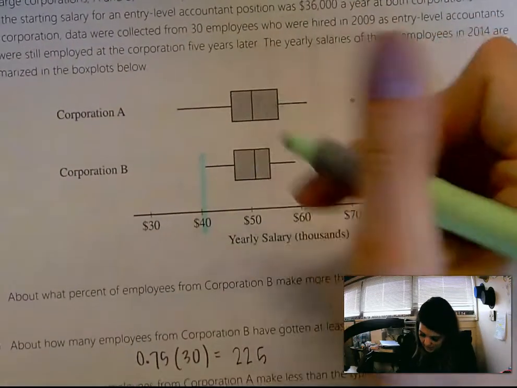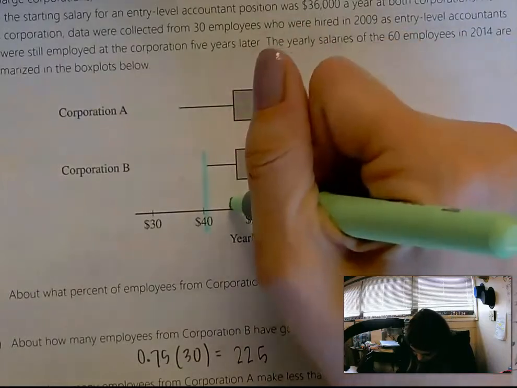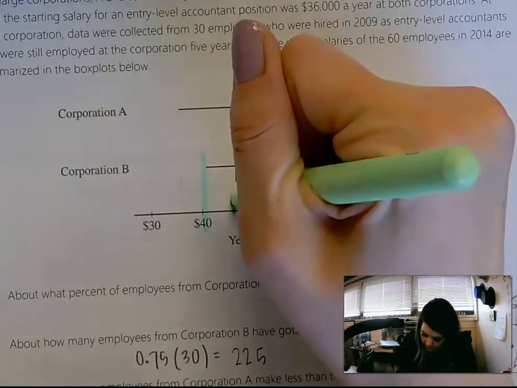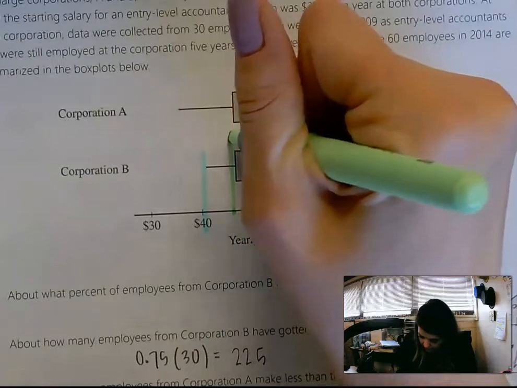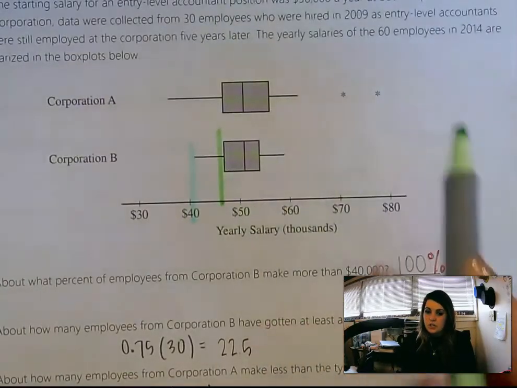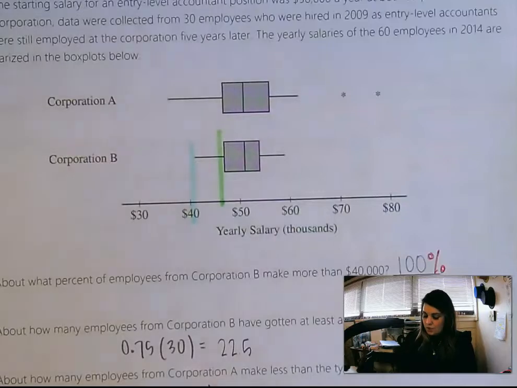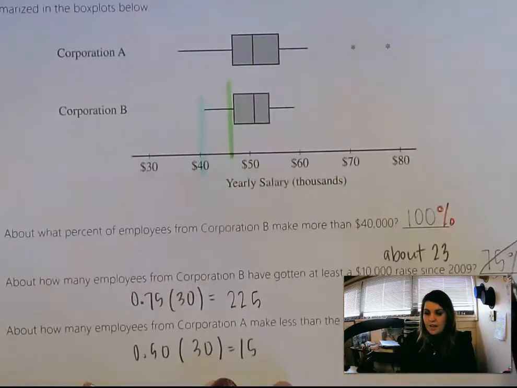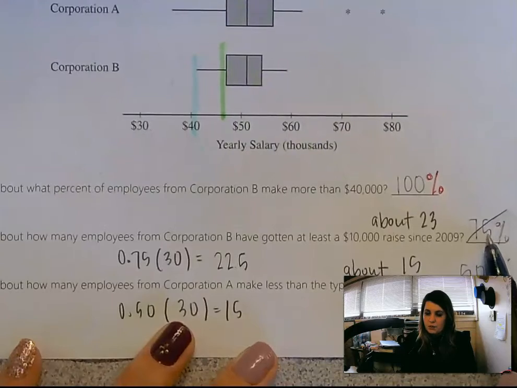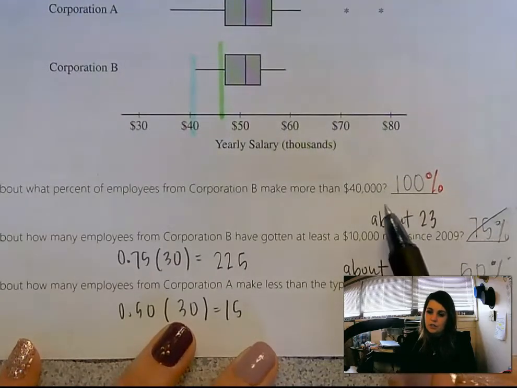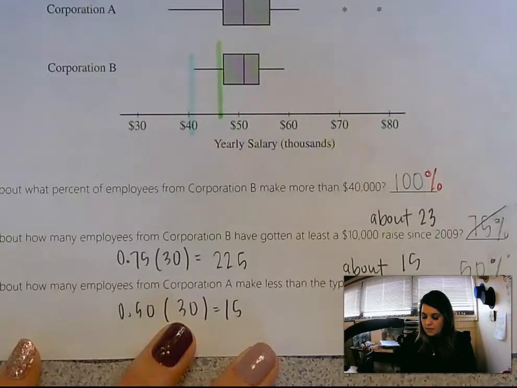So 46,000 is slightly more than halfway. If I draw that line up, about 75% of your box plot is to the right, because this is 25, 25, 25. So 75% of Corporation B have had at least a $10,000 raise, which is about 23 employees.